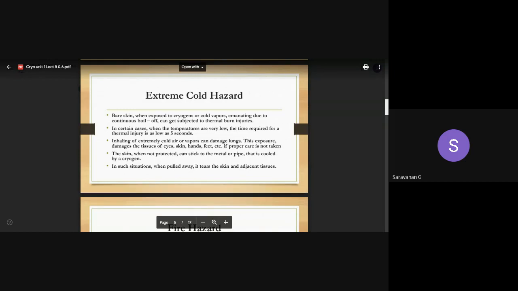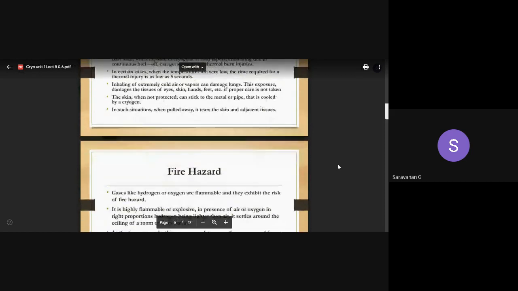The time taken to get a thermal burn injury is very short, within 5 seconds. So these are all the cases coming under the extreme cold hazards.